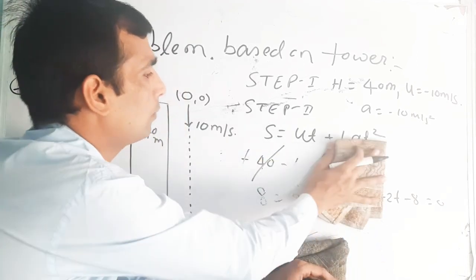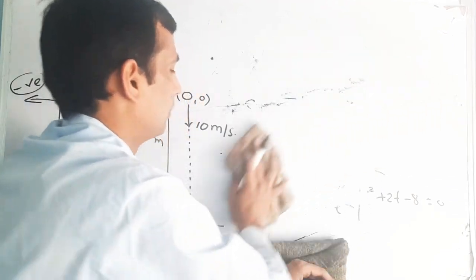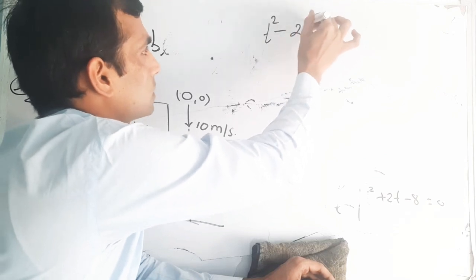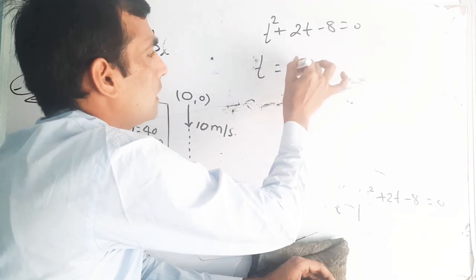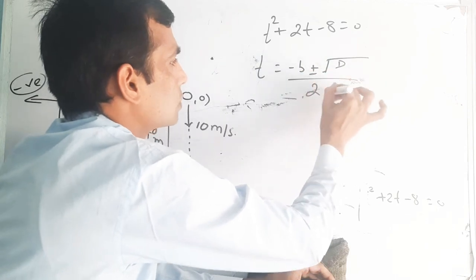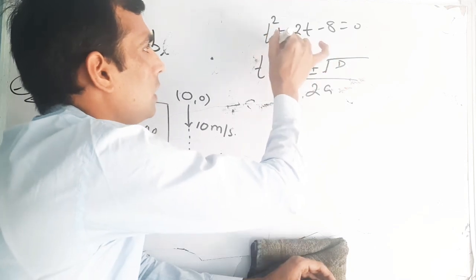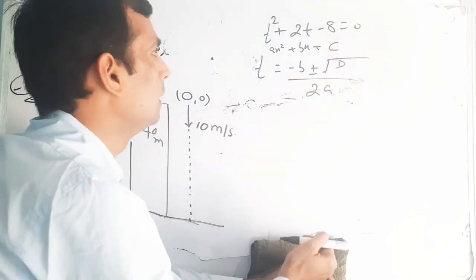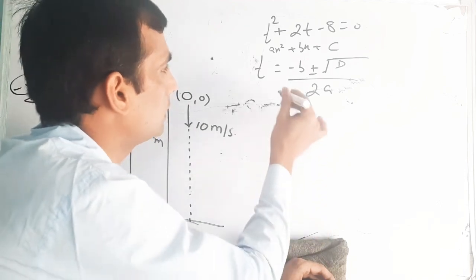Good. Now I'm going to solve the equation, because I want to find time, which is the requirement in the question. So t square plus 2t minus 8 equals 0. So t equals minus b plus minus under root D upon 2a, right? Equating with ax square plus bx plus c, a is basically 1, x square is t square, b is basically 2.